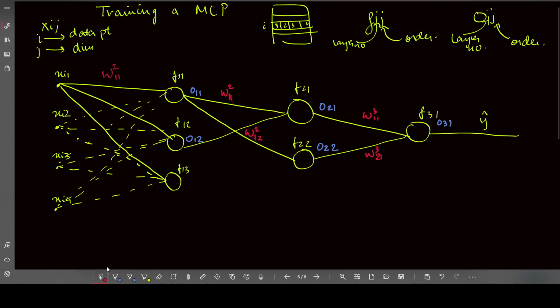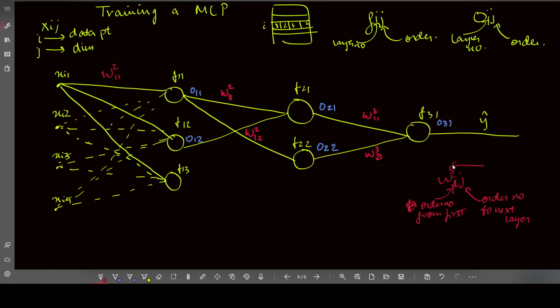I'll just write down here wij. Okay, i is basically the function number or the order number from the first layer, and j is the order number to the next layer.